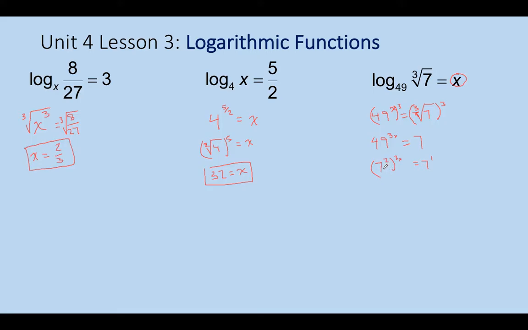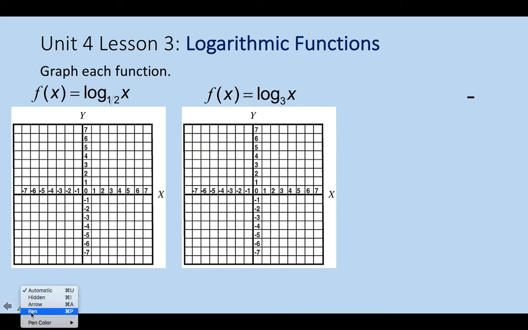This would be 7 to the 6x equals 7 to the 1. And now that I got that common base, I can eliminate those, and I get 6x equals 1, which means x equals 1/6. All right, so there's solving some basic logarithmic equations. Let's move on to graphing.